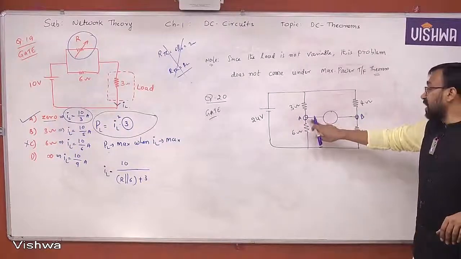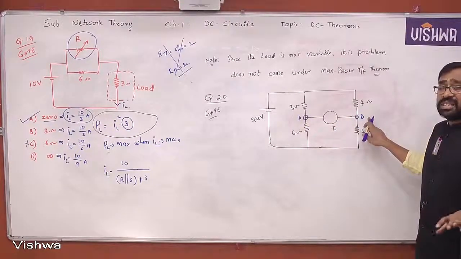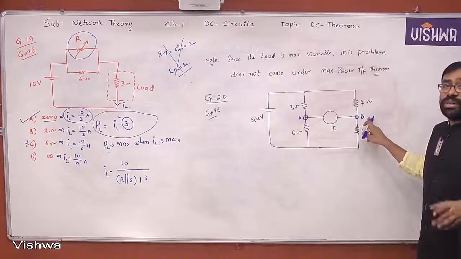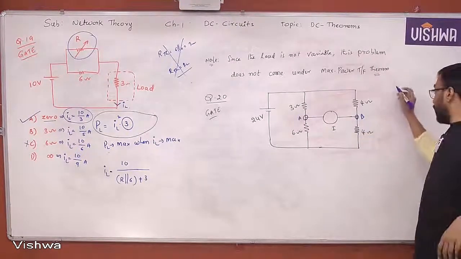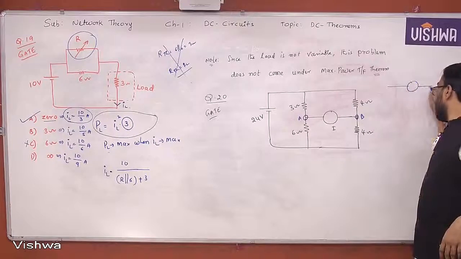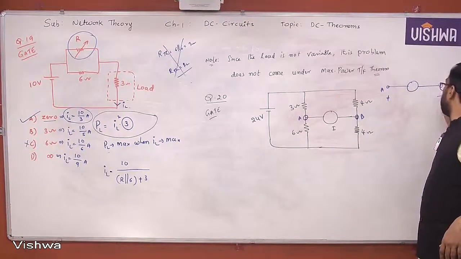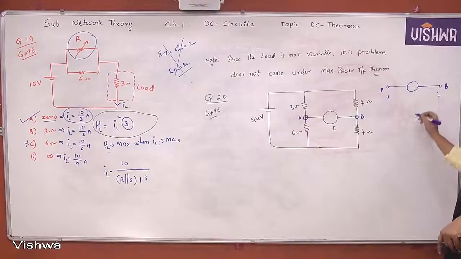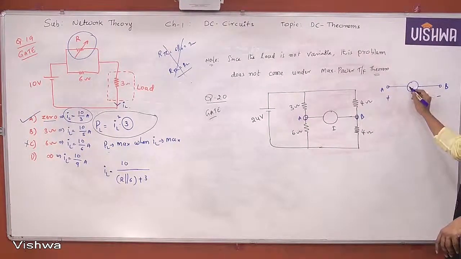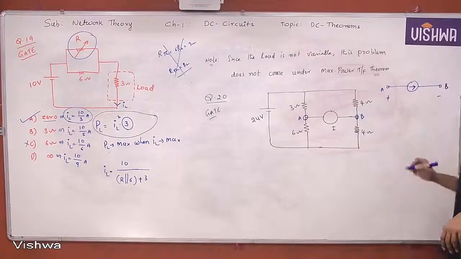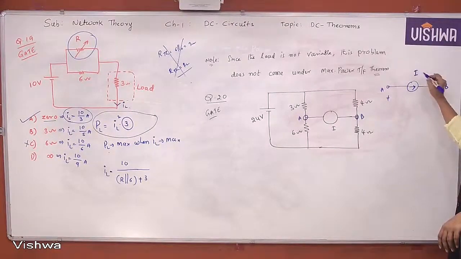In circuit analysis, usually for AB terminals, A is assumed to be at higher potential with respect to B. So if A is plus and B is minus, definitely to absorb the power, the current direction must be like this only. Yes or no? So I found the direction.